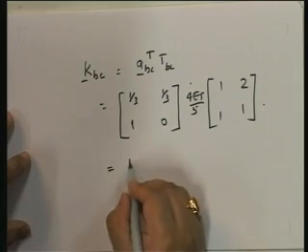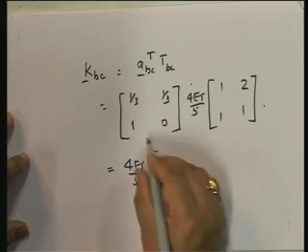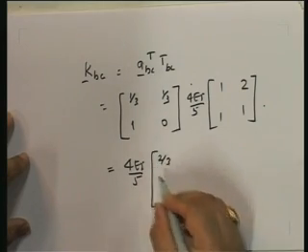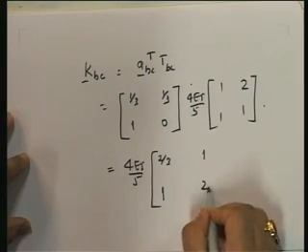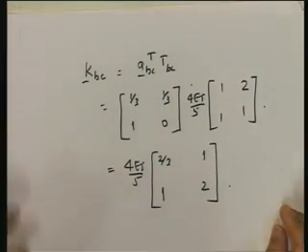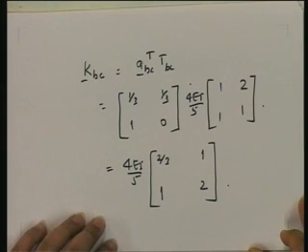So this is 4EI upon 5; I get 1/3, 1/3, 2/3. Here I get 1, here I get 1, and here I get 2. So this is the contribution of the member BC to the structure stiffness matrix.